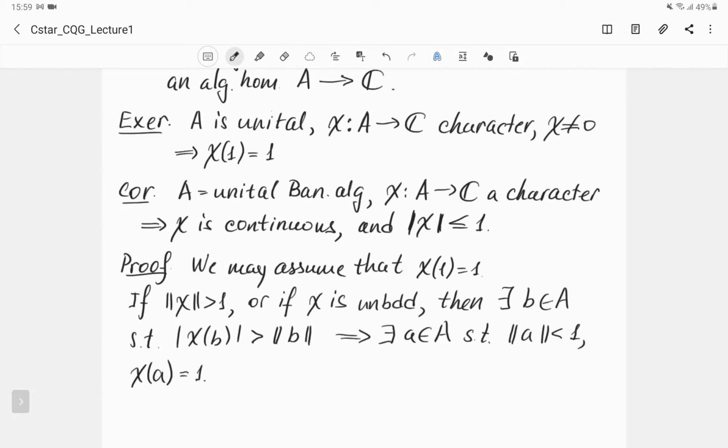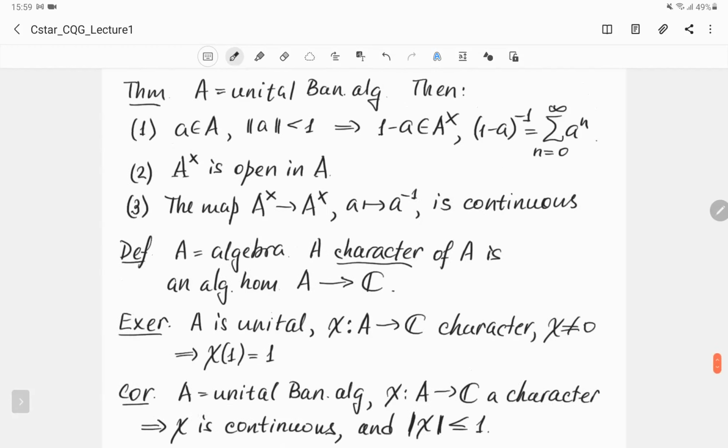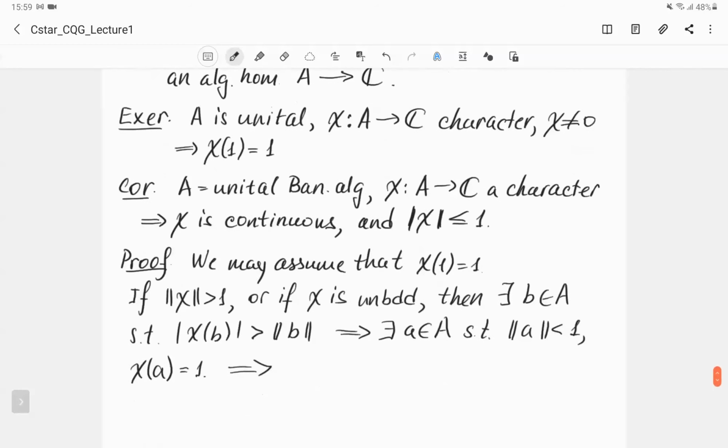Well, since the norm of a is smaller than 1, the first part of the previous theorem implies that 1 minus a is invertible. One minus a is invertible, and chi is unital, and a unital homomorphism takes invertibles to invertibles.